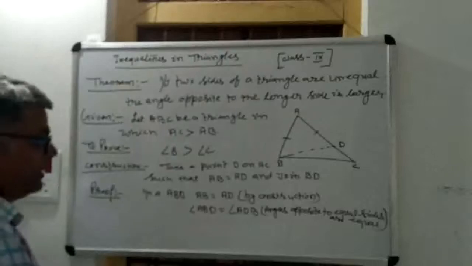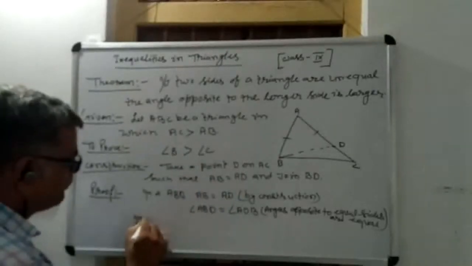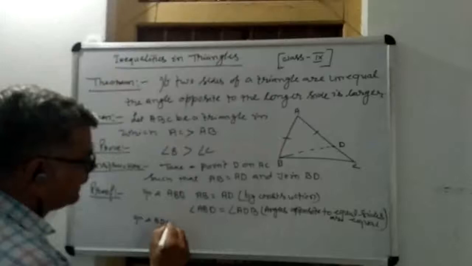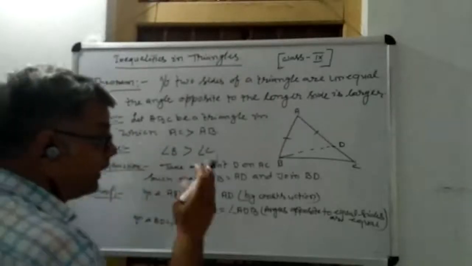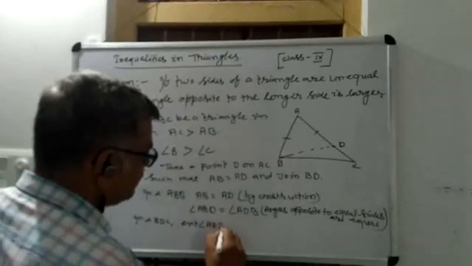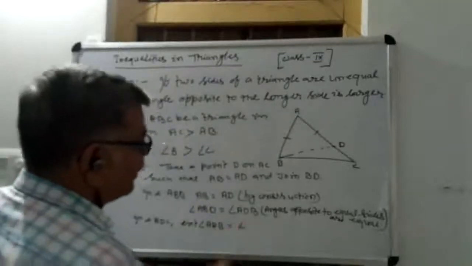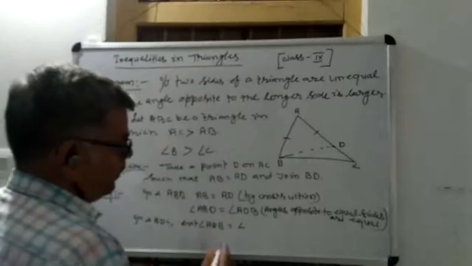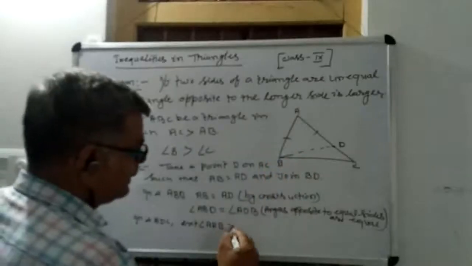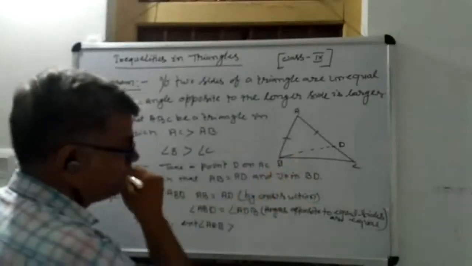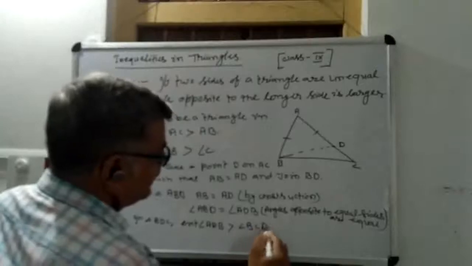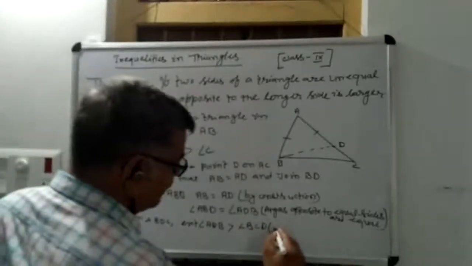Now you take in triangle BDC, exterior angle ADB is greater than angle BCD by the property of exterior angle.